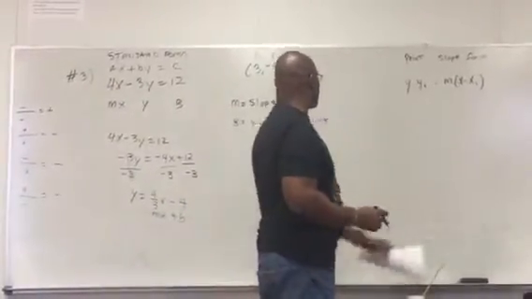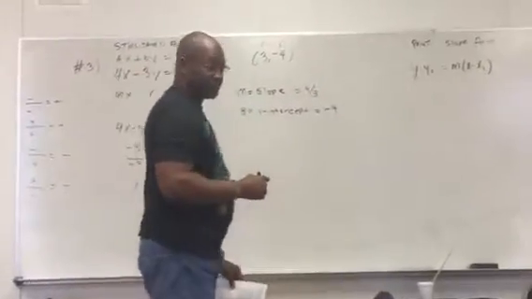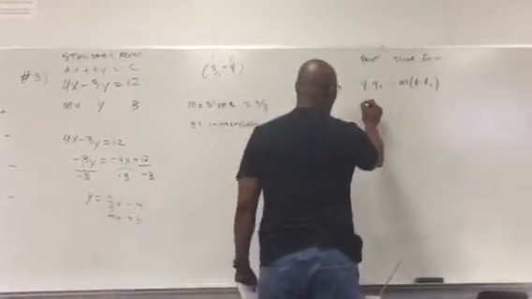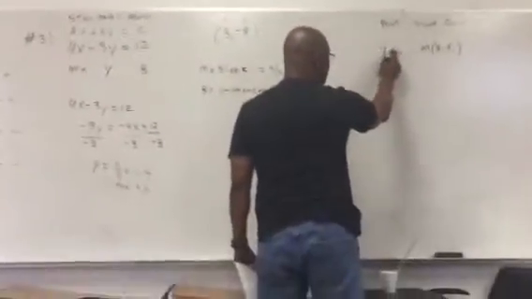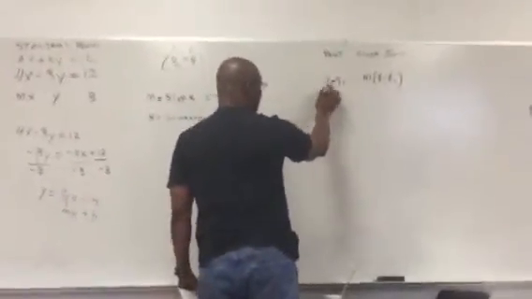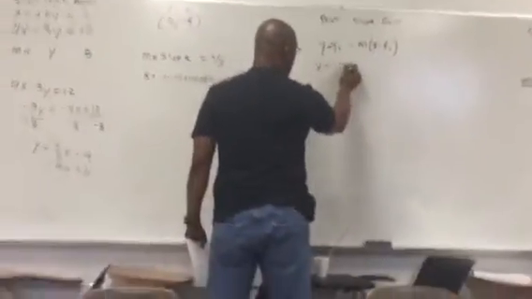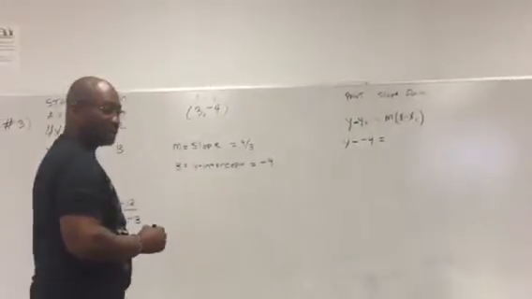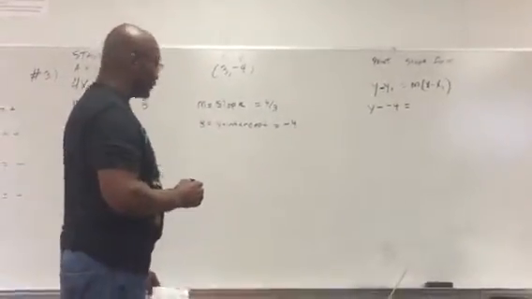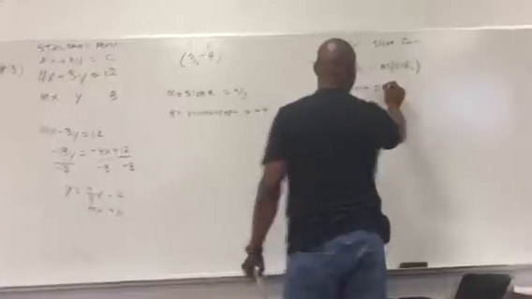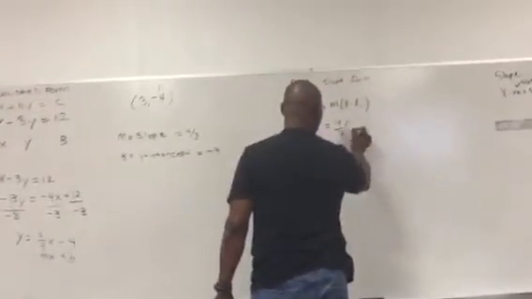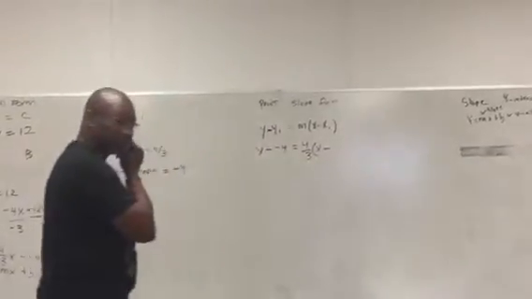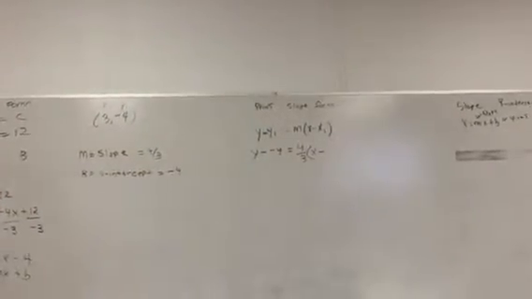So what's my value for y1? -4. So I'm going to go y minus, you have to put the minus sign here, y minus -4 is equal to, what's my slope? 4 over 3 times x minus, what's x1? 3.